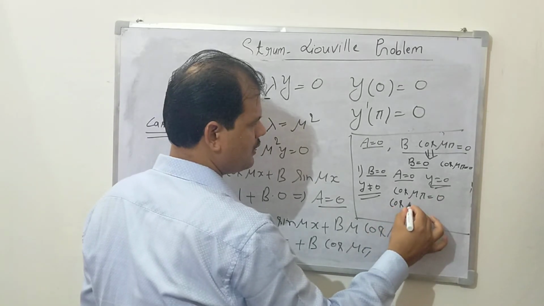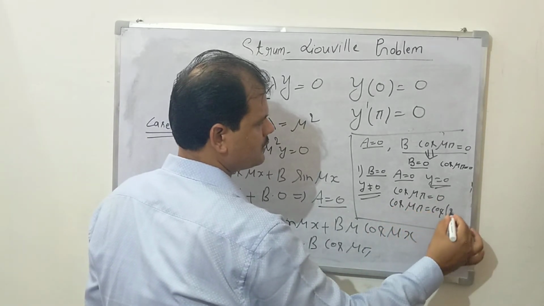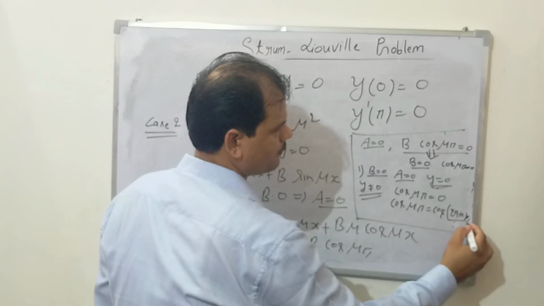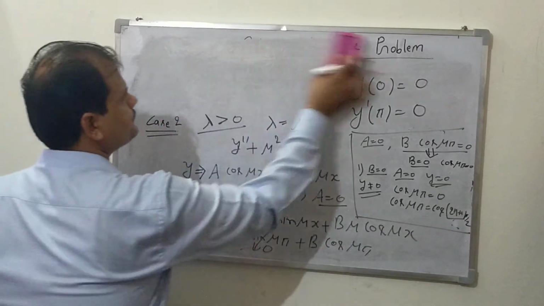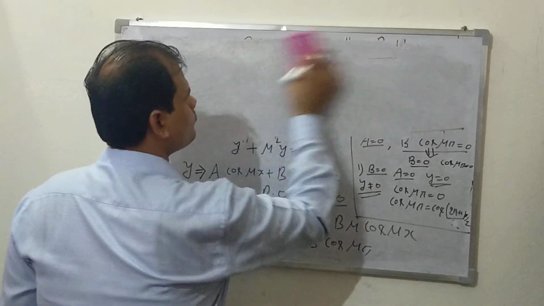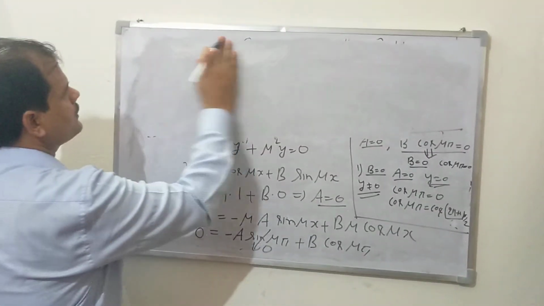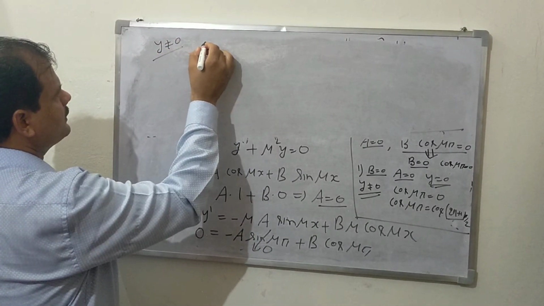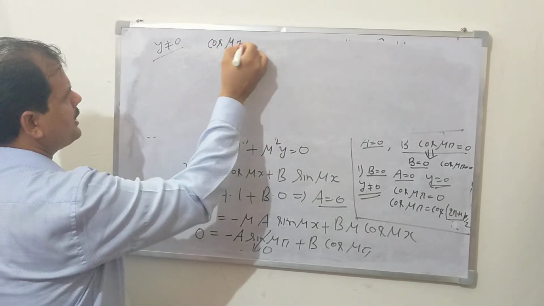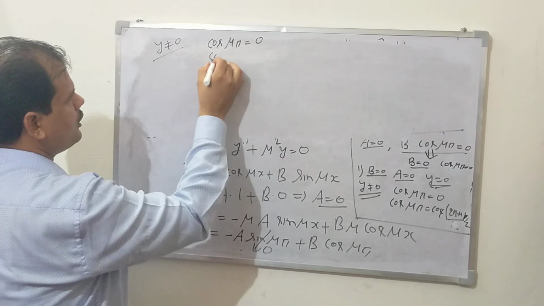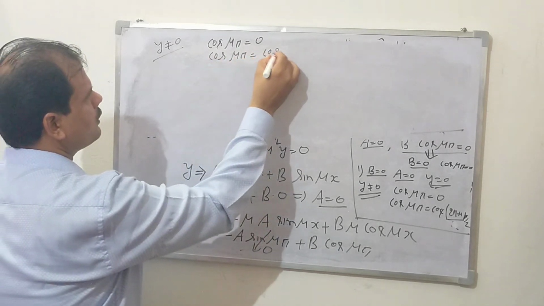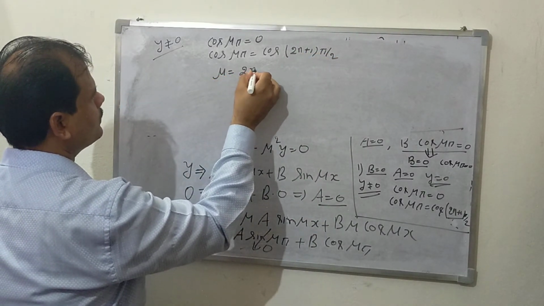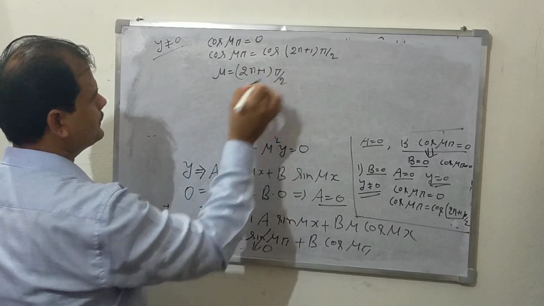So we can have cos mu pi equal to cos (2n plus 1) pi by 2, so mu equal to (2n plus 1) pi by 2.